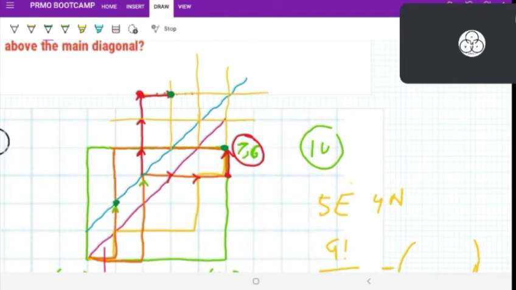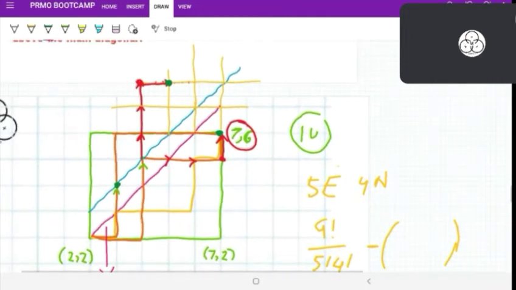And since their paths are unique, the number of lines actually crossing the given line is what? Simply the number of paths from 2, 2. You can see one thing. I know it's a little bit confusing here from this part.